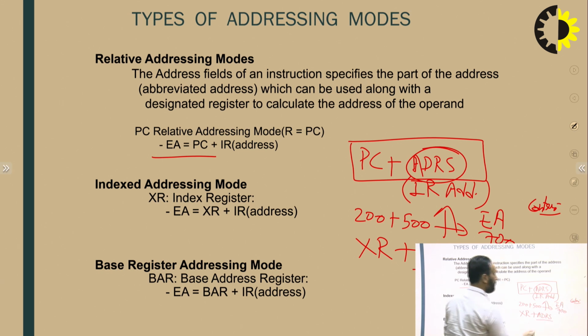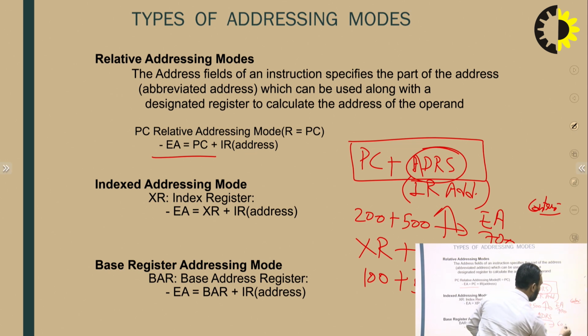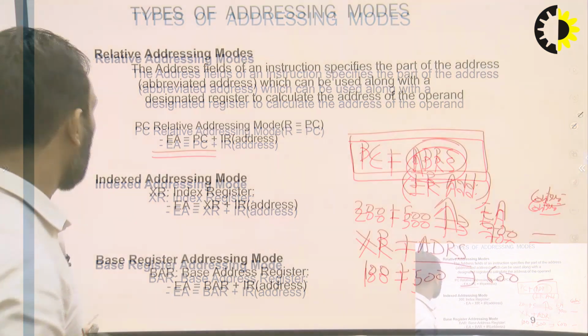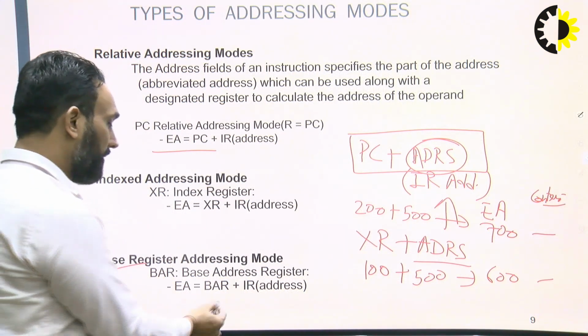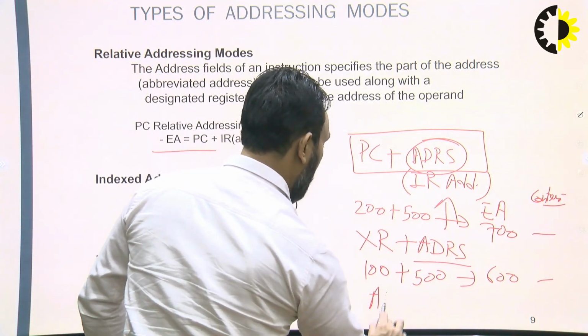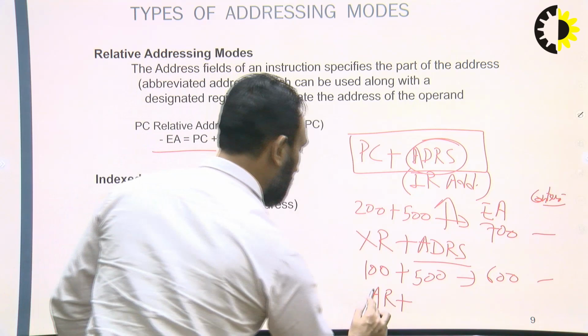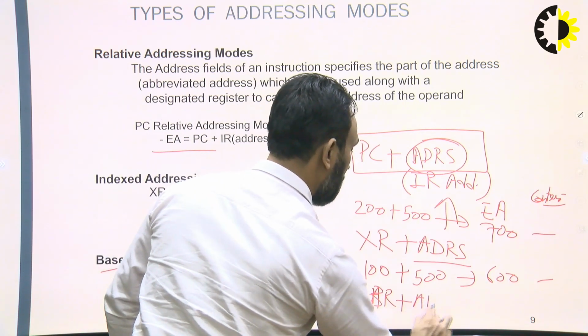As I said earlier, it is the instruction register address that is specified in a stack or as a numerical value. So if XR is 100 and ADRS, if we take the same value, is 500, then the effective address will be 600 and the content may be anything stored at the 600 location. If we talk about base register addressing mode, that is BR plus ADRS.